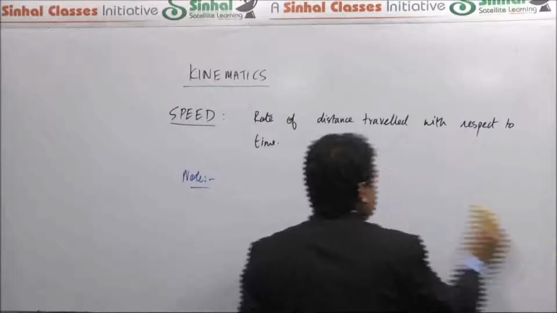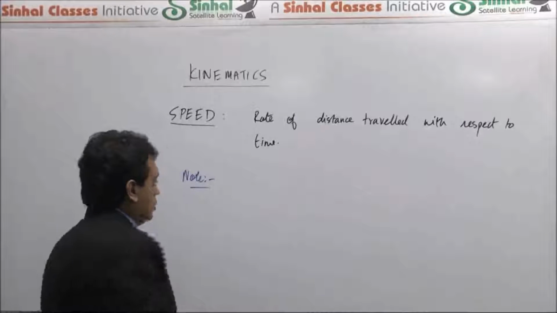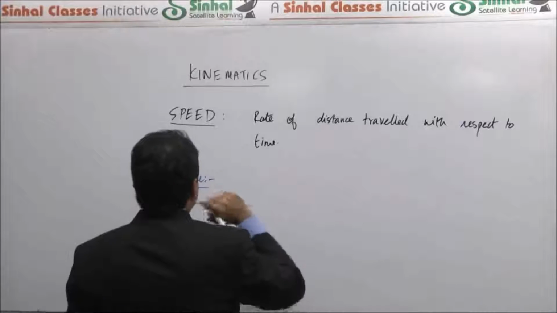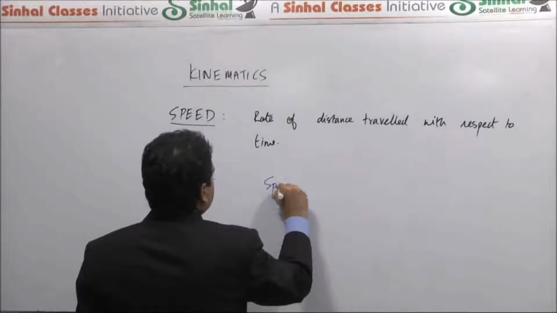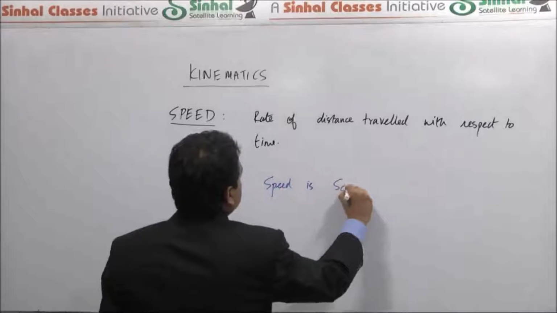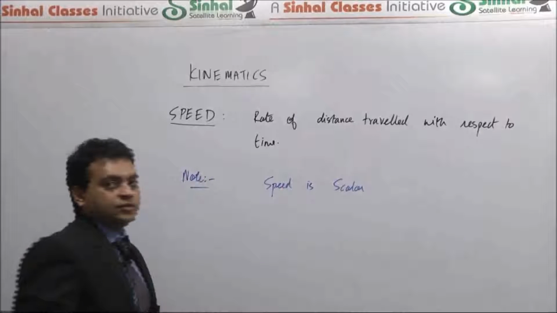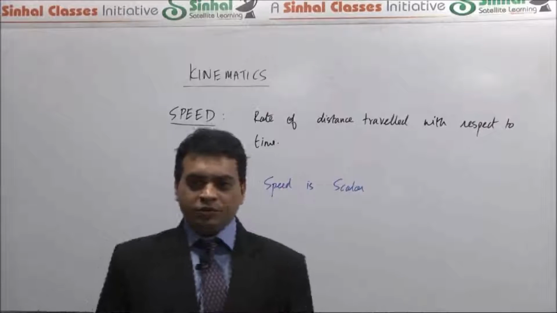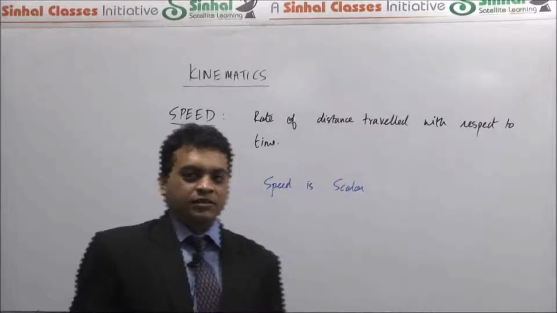So before we get into examples, let us also see that in terms of classification, speed is a scalar quantity, because we define it in terms of distance and time, and distance and time are both scalar quantities, right?